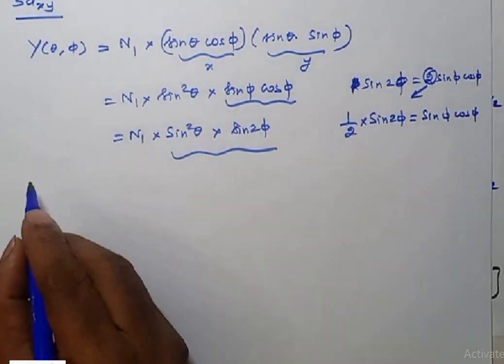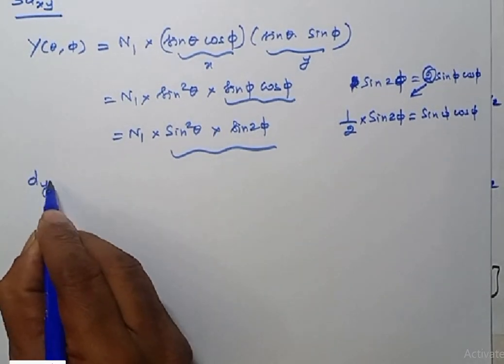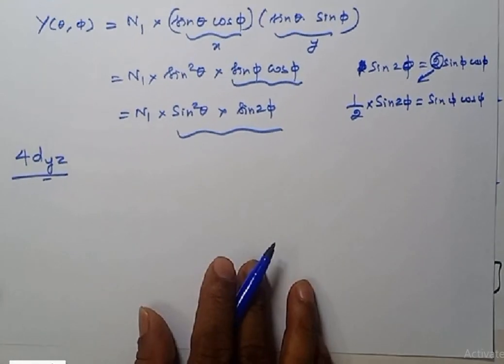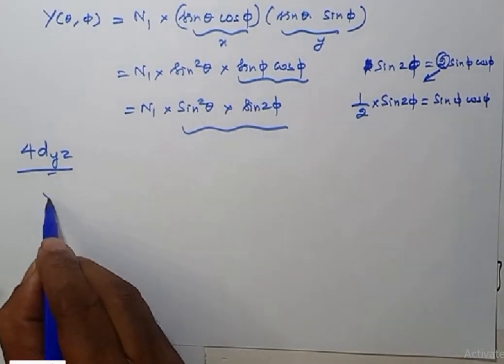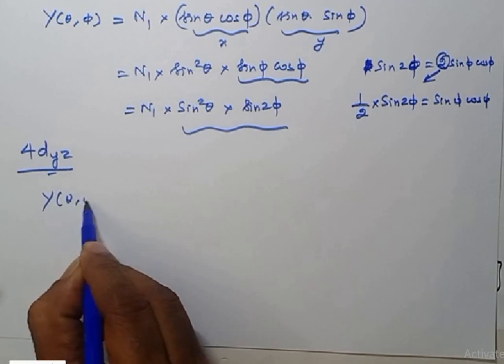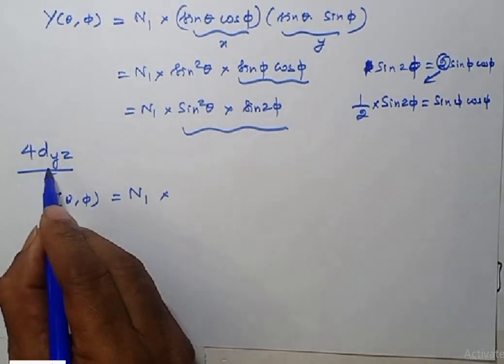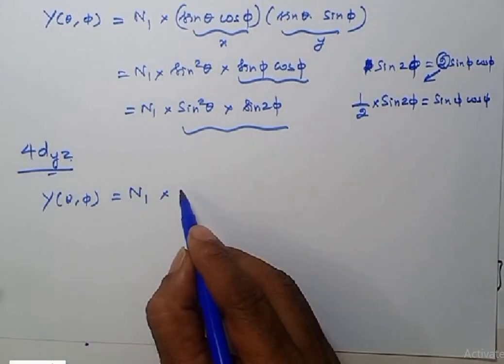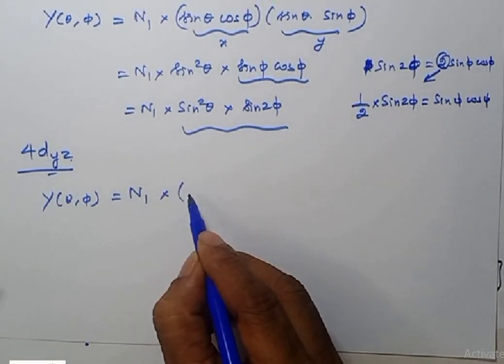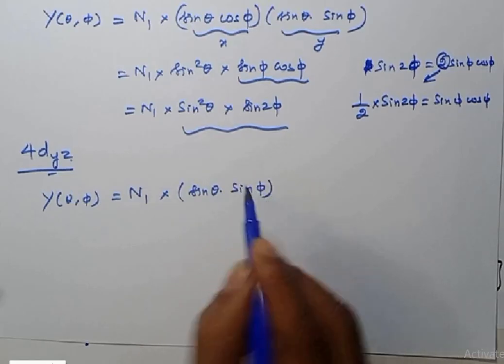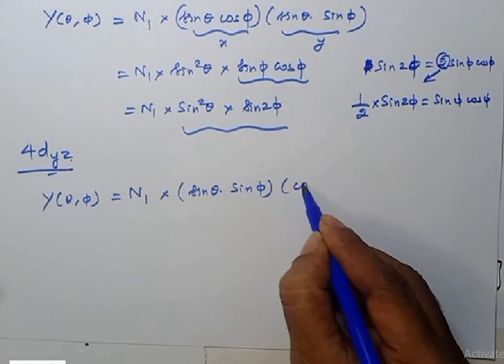Now I'll give you some orbital, say 4dyz. How to write the angular part? Listen, the angular part, which depends on theta and phi, is equal to some normalization constant n1. I have y and z now. What is y? Sine theta into sine phi. This is y. What is z? Cos theta.